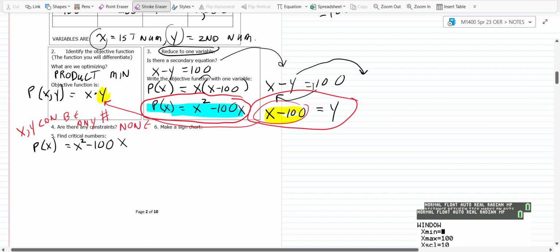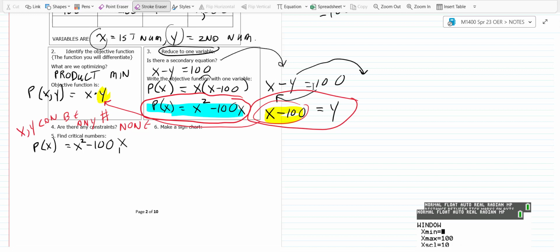How do you find critical numbers? You take the derivative, set it to 0. So go ahead and do that. Don't wait on me. You can go ahead and do your derivative. So what's your derivative? 2x minus 100. Go ahead and set that equal to 0. Or I'm sorry, take 2x minus 100 equals 0.